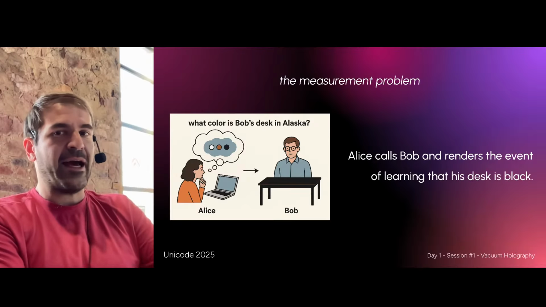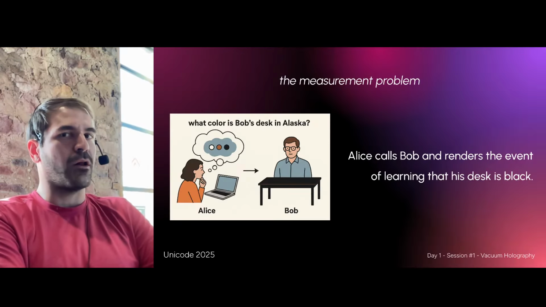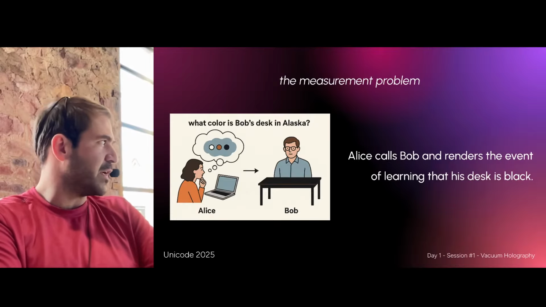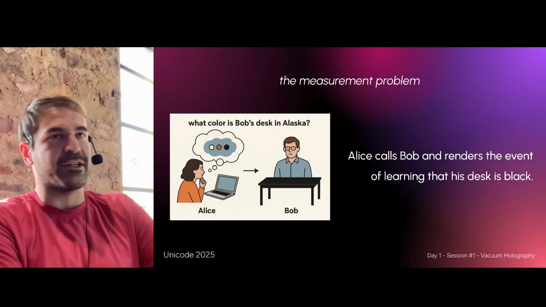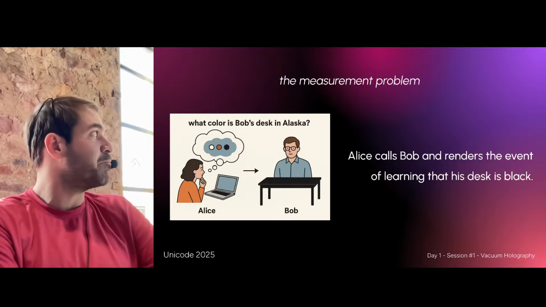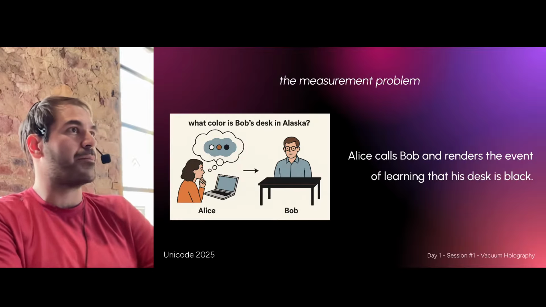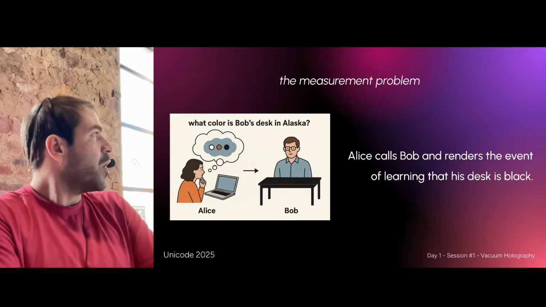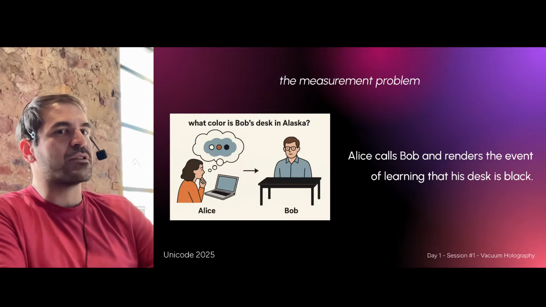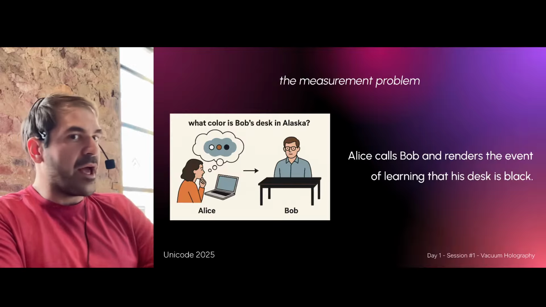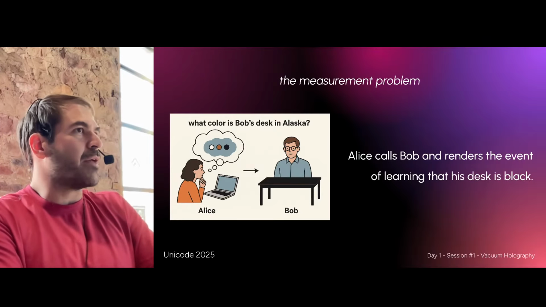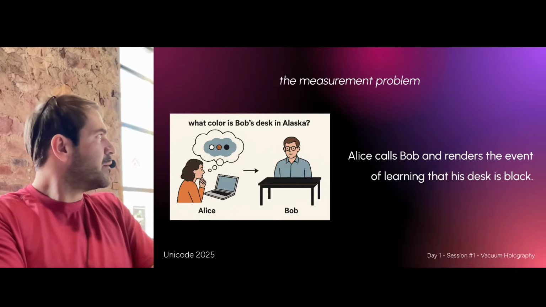So Alice has the question, which is, what color is Bob's desk in Alaska? She doesn't know what color his desk is. So it exists as it could be white, it could be brown, it could be black. You don't know what color Bob's desk is in Alaska, right? So how is it solved? Well, because Alice calls Bob and renders the event of learning that Bob's desk is black.